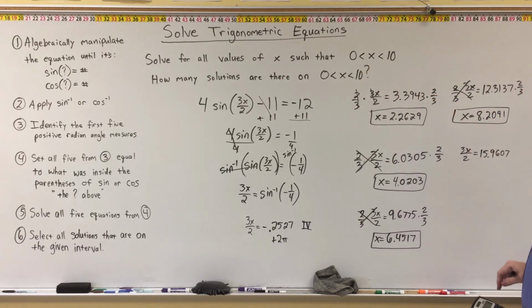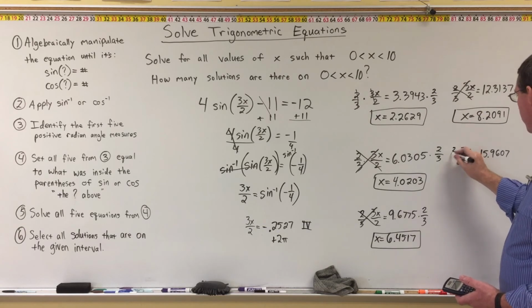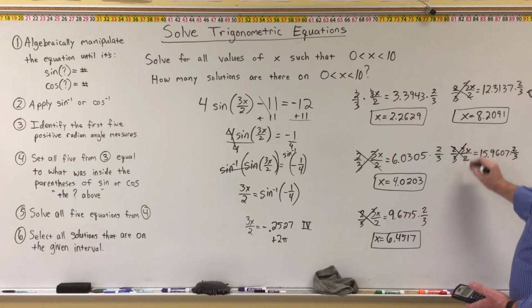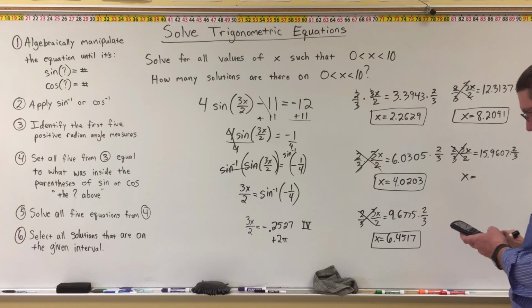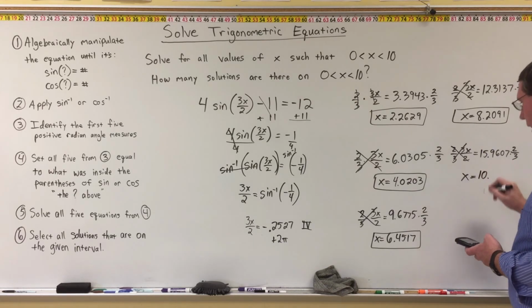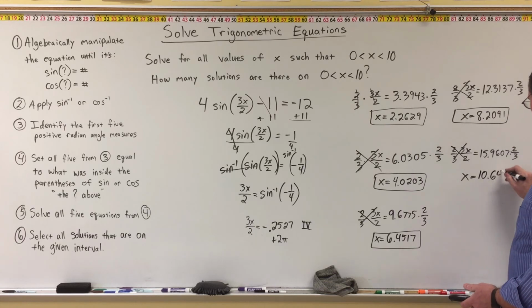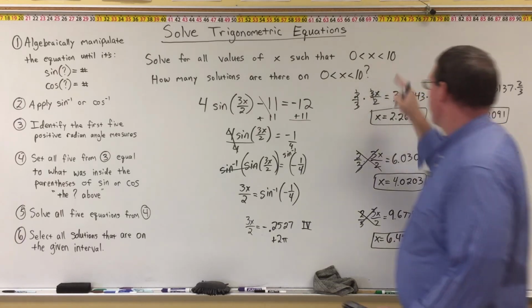So I have 4 solutions so far. And this last one here, we're going to multiply by 2/3, both sides, bring down the x. 15.9607 times 2/3 gives me, just barely outside, 10.6405. This is not on the interval from 0 to 10.